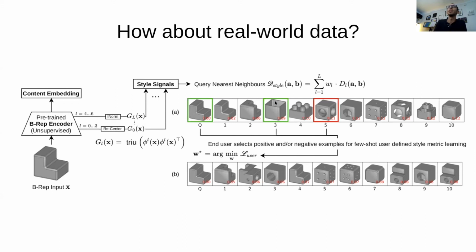Then they select, okay, actually I'm interested in this rounded style, this filleted style. So they select a positive example with the filleted style and a negative example that has these flat edges. Then optimizing this updates the metric to focus on this part. And now the new query results, the closest examples, also match that filleted style, with other flat edged solids being pushed further away.